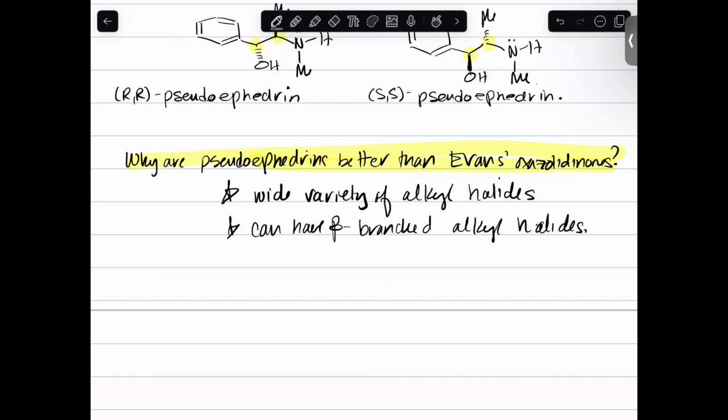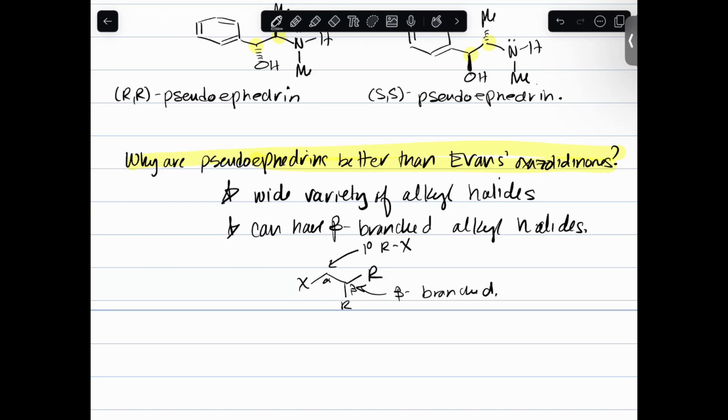Remember from last week's lecture, I told you, despite the fact that this is a primary alkyl halide, it is beta branched. And because it's beta branched, it gives a low yielding reaction if you use Evans oxazolidinones.